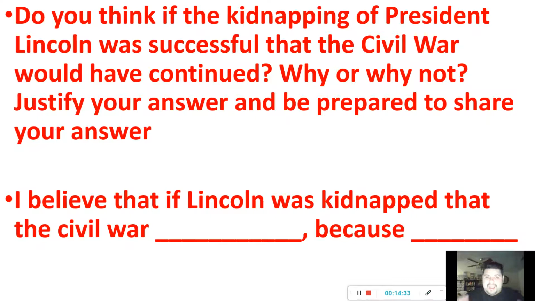Now again, those soldiers were in battle. These guys that Booth wanted to free were in prison. They had been treated pretty badly. They had little to no food. So they might have some resentment. Some of them might be angry.